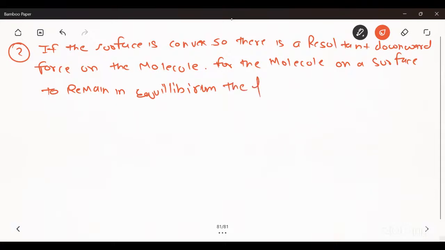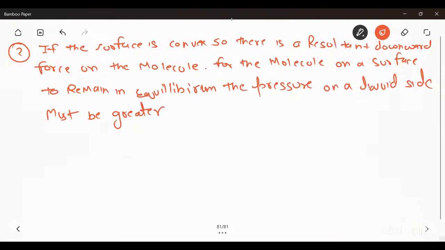The pressure on the liquid side must be greater than the pressure on the outside.